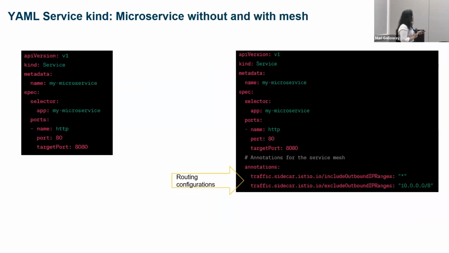Here on the next slide, I have the YAML configuration service kind file, with and without mesh. Here it is without mesh. You can see port 80 is exposed, all of the ports in the microservice are open, and the microservices talk directly with each other.